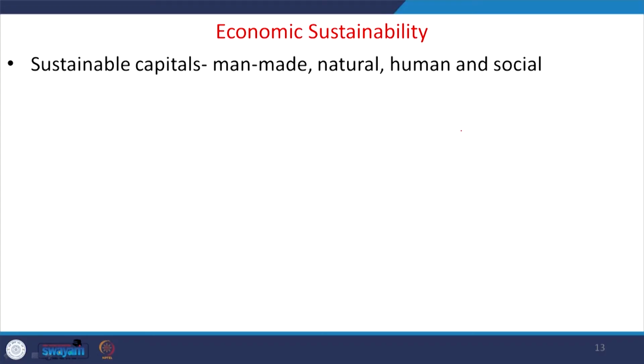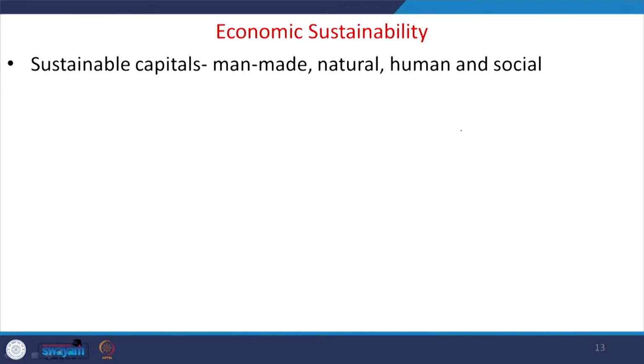Now, let us talk about the second pillar of sustainability, that is economic sustainability. What is the meaning of this economic sustainability? It must be understood in terms of economic terminologies, the sustainable capitals.